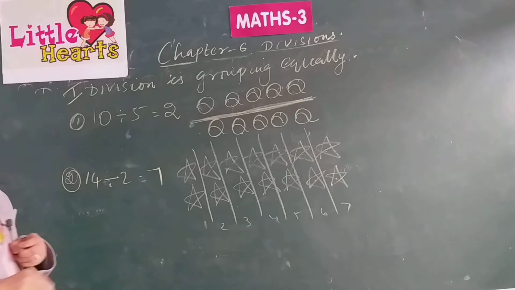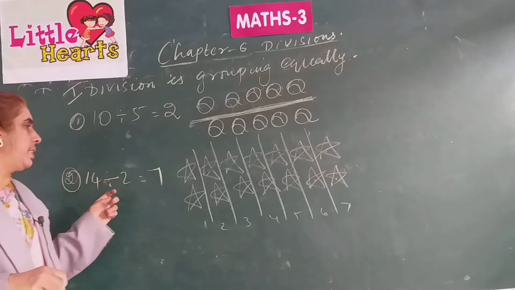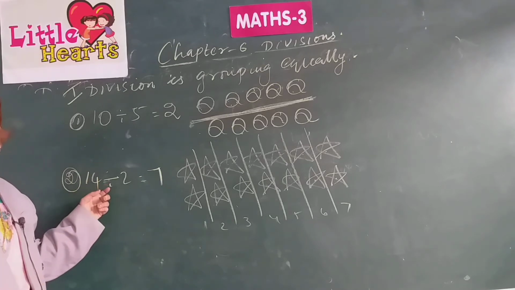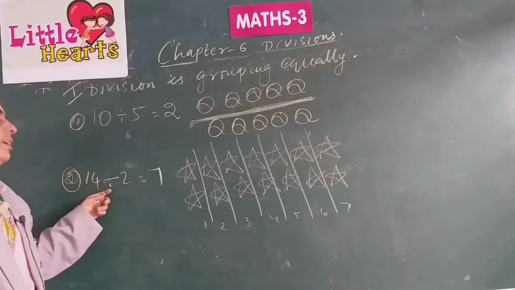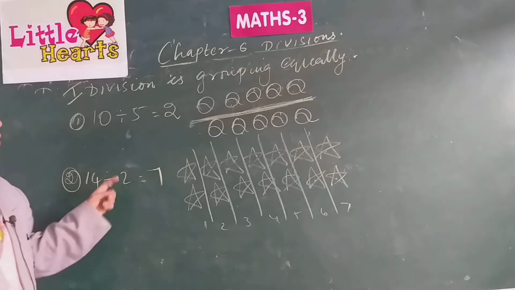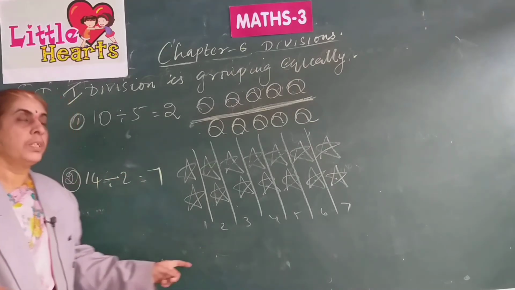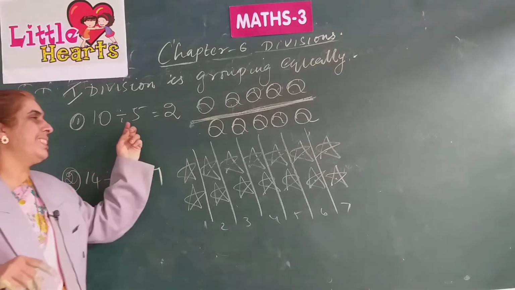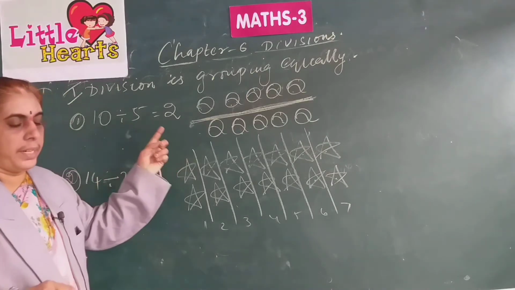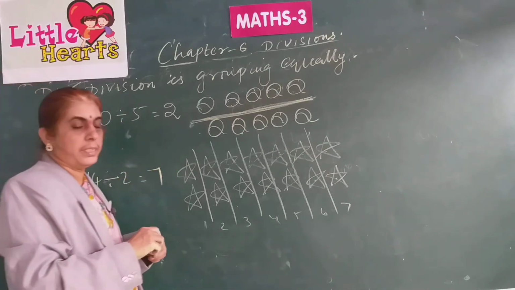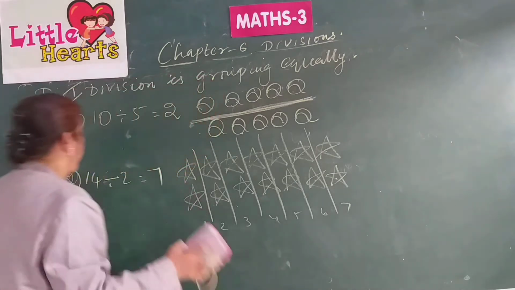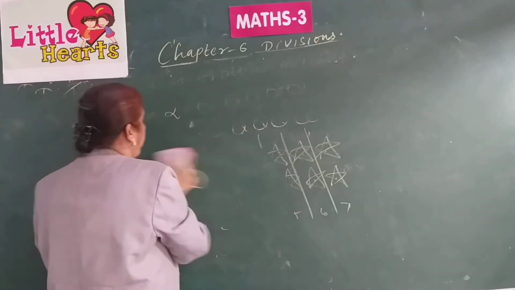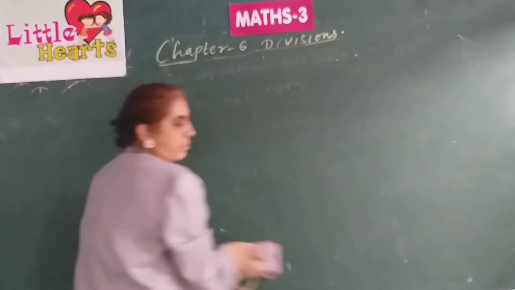When 14 stars are divided into equal groups of 2, we get 7 groups. And when 10 balls are divided with 5 balls in each group, we get 2 groups. That is grouping equally. And the next method is division on the number line.